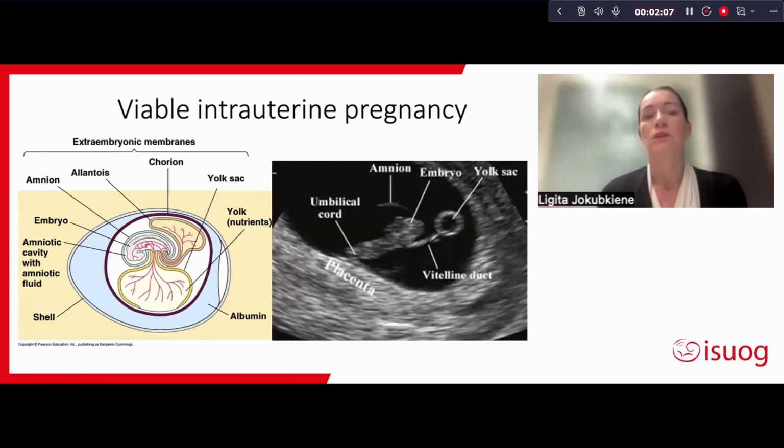First, before talking about miscarriage and ultrasound, we have to talk about the viable intrauterine pregnancy. It is very important to know how early pregnancy looks for each gestational week and what structures we have to assess when we look at the early pregnancy using ultrasound. We look at the gestational sac and its shape, and we look at the yolk sac.